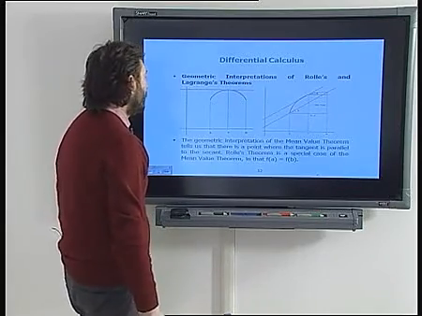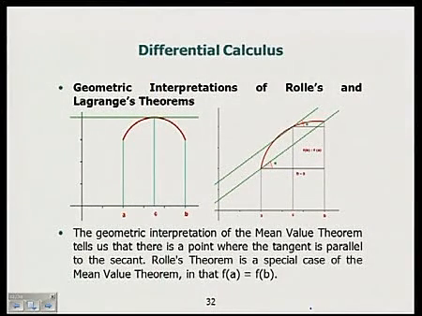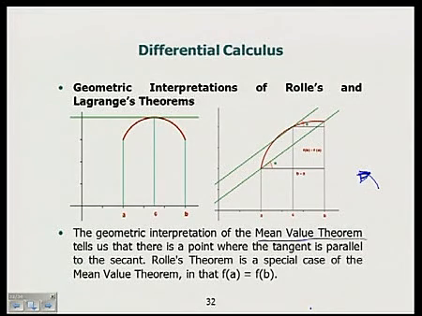Okay, we want to conclude our lesson with the geometric interpretation of Rolle's and Lagrange's theorem. The geometric interpretation of the mean value theorem tells us that there is a point where the tangent is parallel to the secant. The figure on the right is the mean value theorem.